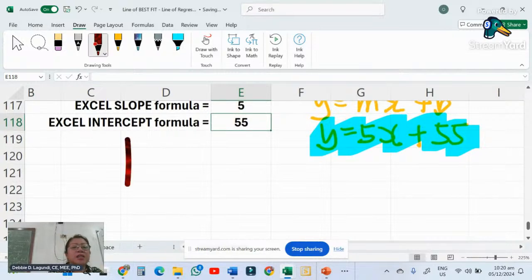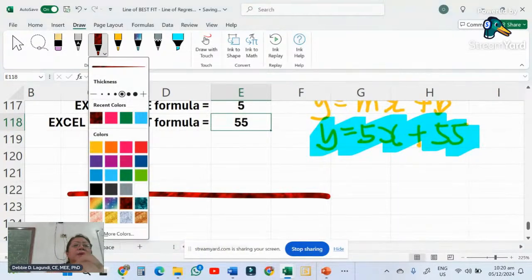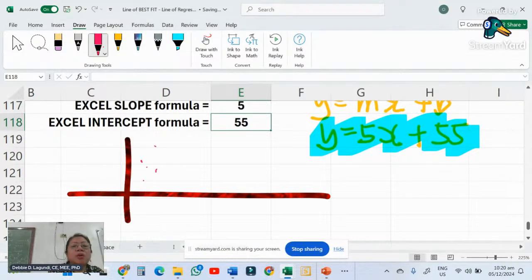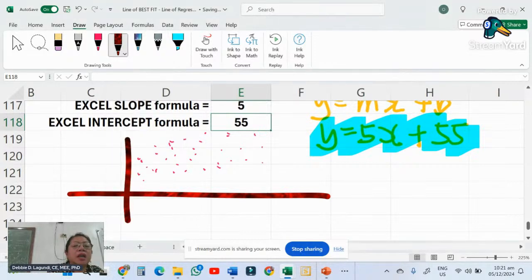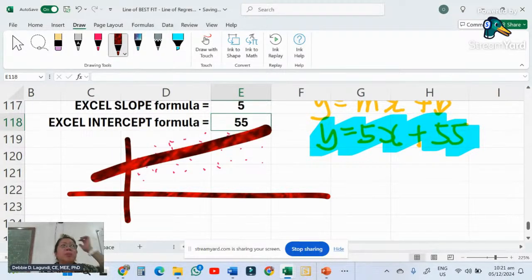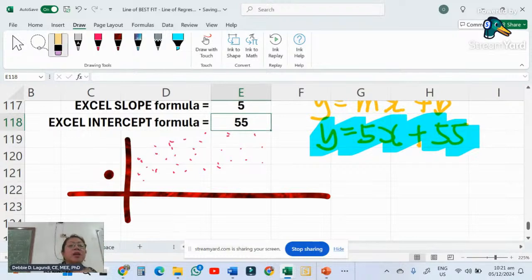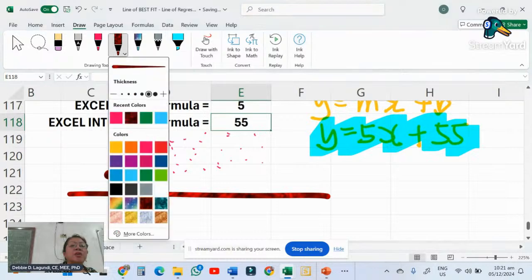Line of best fit is this: if you have a lot of points to plot, for example, these are all the points that you want to plot, you can make one perfect line here, and that is the line of best fit, okay? By doing the process that we did a while ago, you can draw the line of best fit.